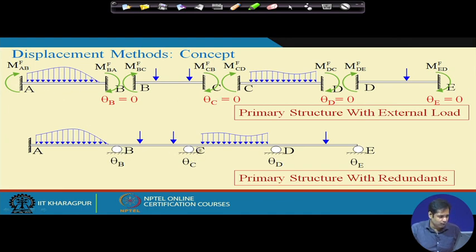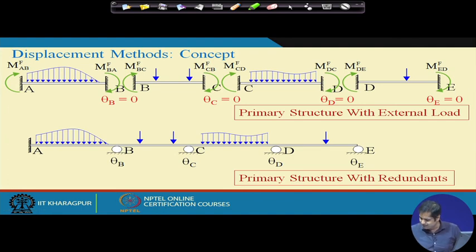All these joints whose corresponding displacements we take as unknown are now replaced by fixed joints, and then we can divide this entire structure into small kinematically indeterminate structures, and all the segments are fixed beams. Now, this is a fixed beam which is subjected to external load, and whatever moments are generated at these ends because of this external load are called fixed end moments. Now, let us see how to find out these fixed end moments.